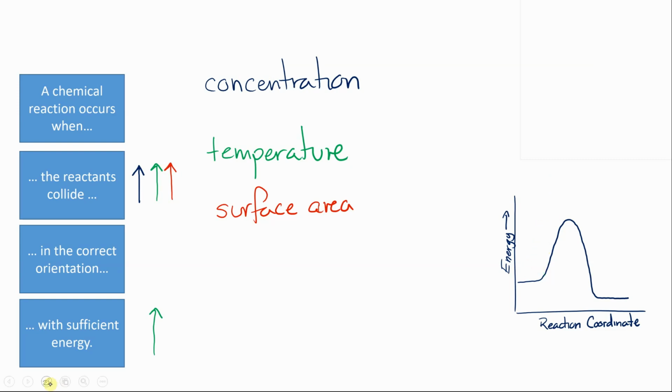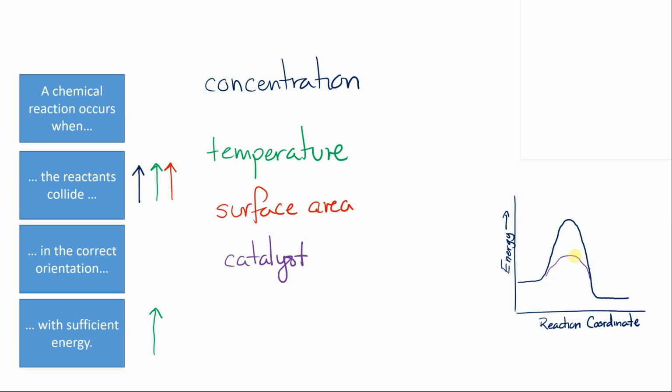And the final example I want to mention is something called a catalyst. A catalyst is a chemical that's added to a reaction but is not produced or consumed in the overall reaction. Instead, what it does is it offers an alternate reaction pathway, a reaction pathway that has a lower activation energy than the original pathway.